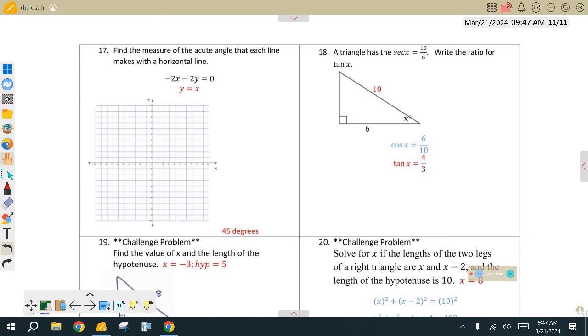So what does that mean? It means our slope had to be 1. So how do I get to y equals x? Y equals mx plus b. I add over 2x to both sides. X. Okay. And I get y by itself.